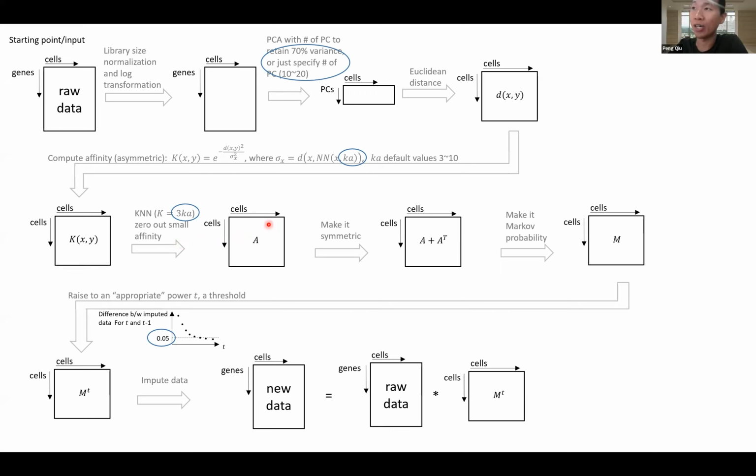This matrix now is, again, pretty much the same as UMAP's weighted k-nearest neighbor graph, right? Remember what UMAP does is that it constructs a k-nearest neighbor graph and then uses this kind of formulation to generate weights. So that's this A matrix.